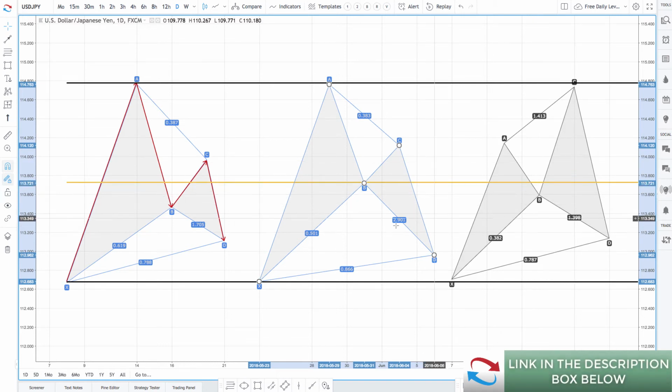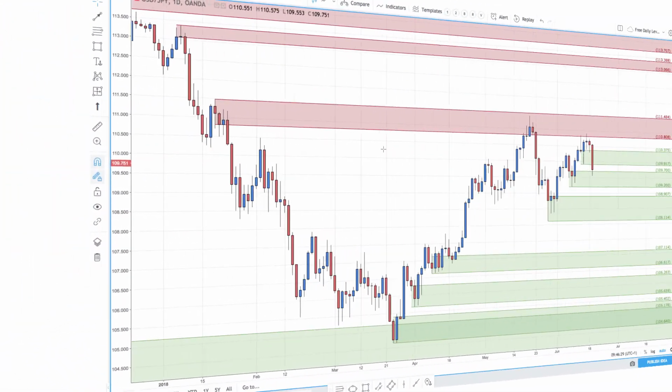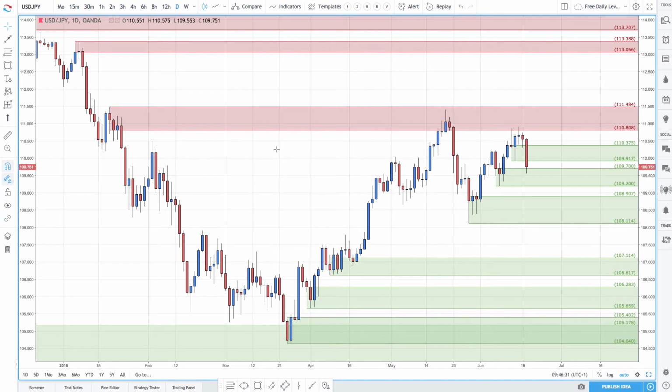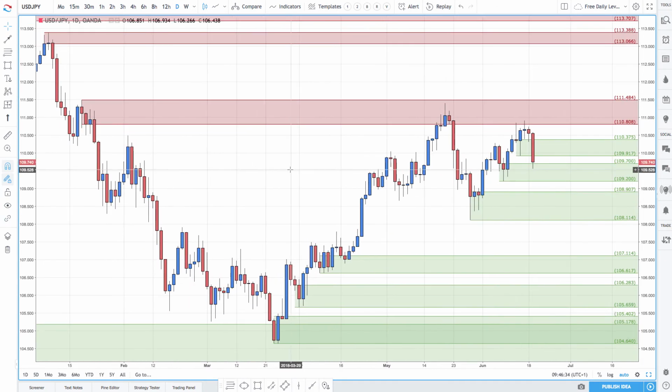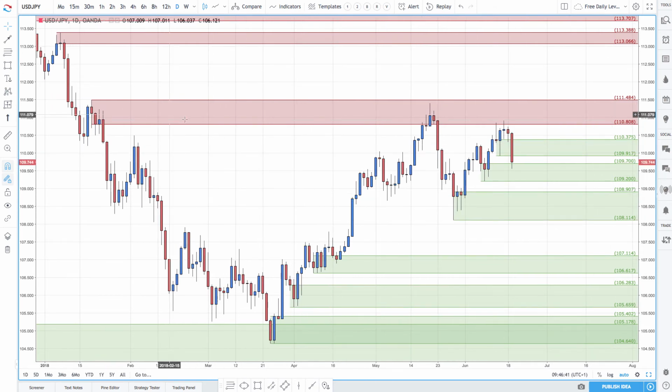But let's look at, again, maybe reinforce some of this methodology on a price chart. So here's a real life example of basically what I'm talking about, right? Now we're on the dollar yen daily chart, and for the guys that are quite sharp, you can pretty much see where our pattern is, right?